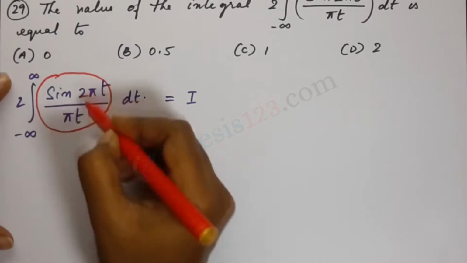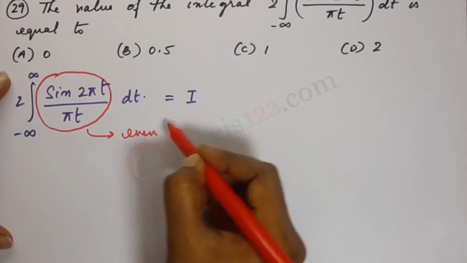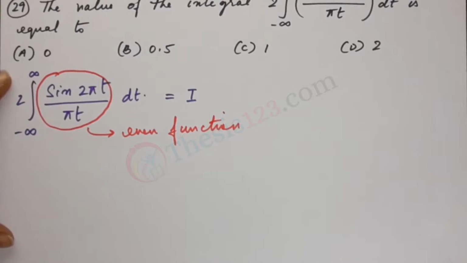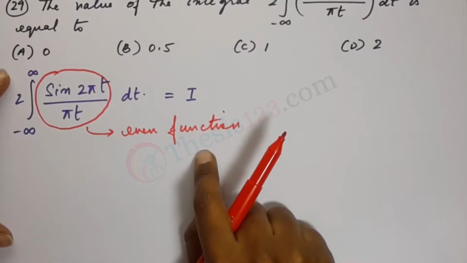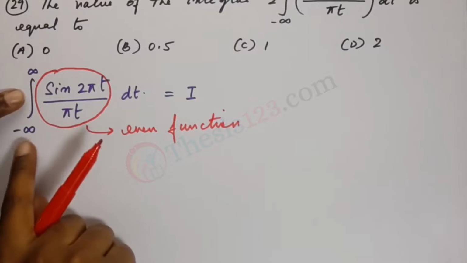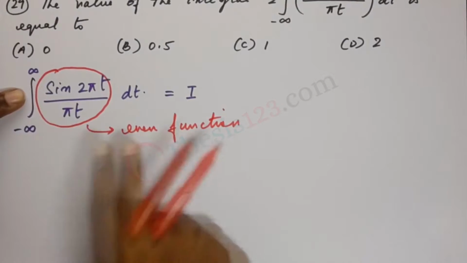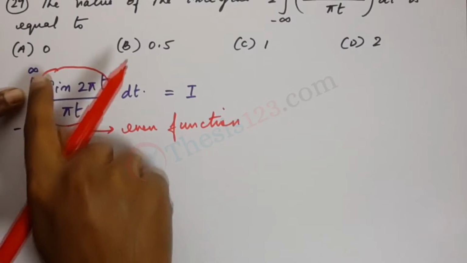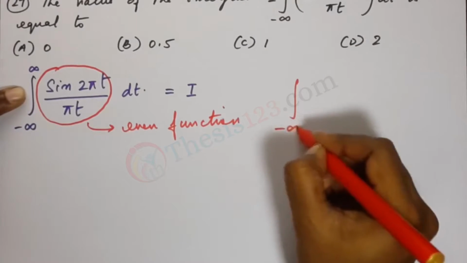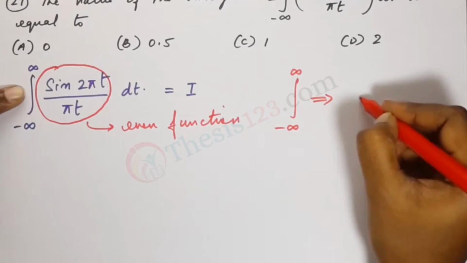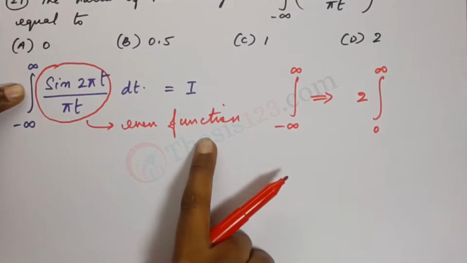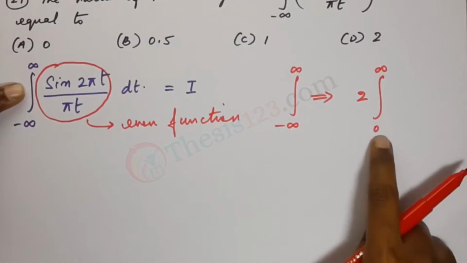So because it is an even function, we can split the integral from minus infinity to infinity and write it as 2 times the integral from 0 to infinity. This is only because it is an even function.